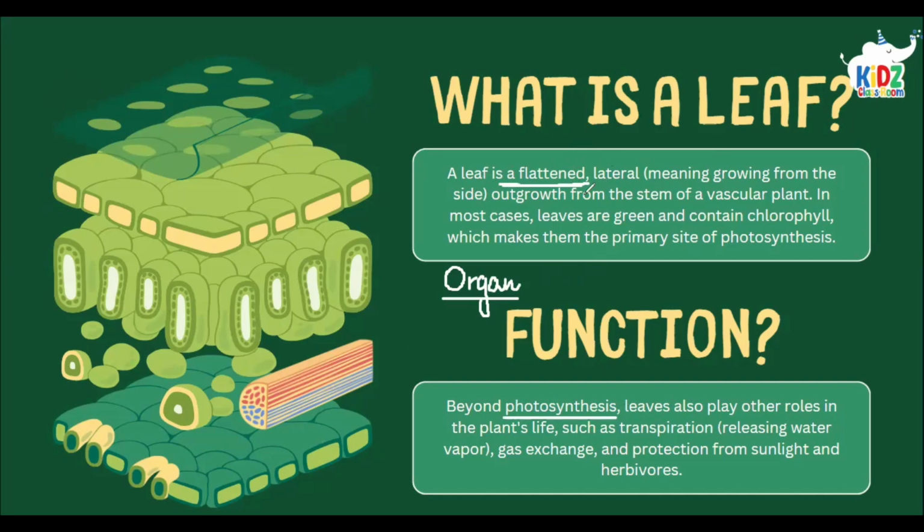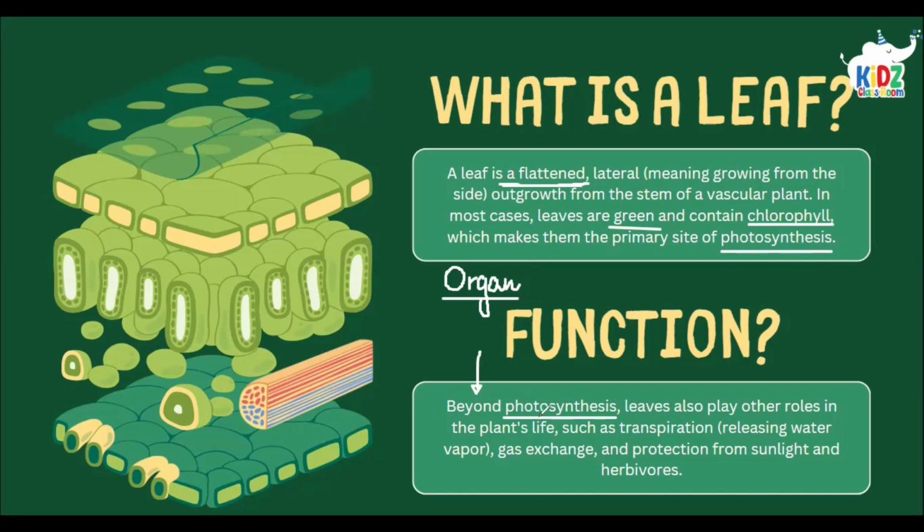A leaf is a flattened outgrowth from the stem of a vascular plant, and in most cases, leaves are green. Why? Because they contain chlorophyll, which makes them the primary site of photosynthesis. And what is the function of a leaf?